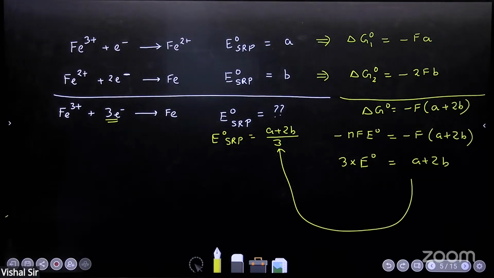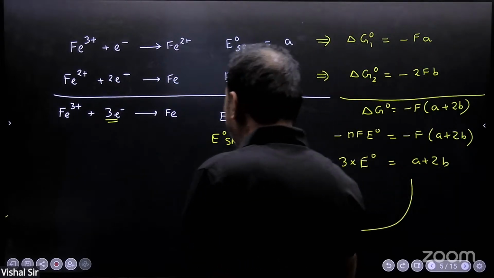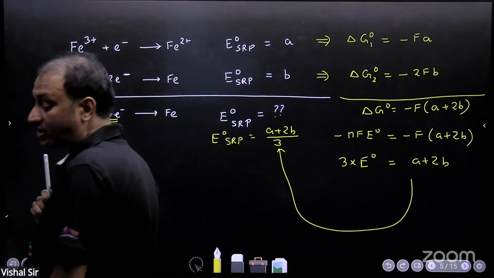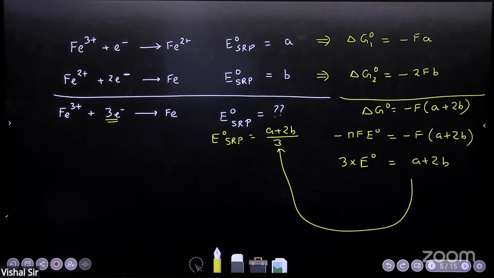So whenever we have to add two oxidation reactions or two reduction reactions, we will never add or subtract E naught values. We will only add delta G values. Okay.